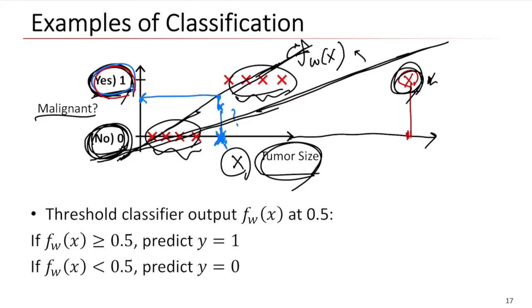So what do we want to do in the classification setting? We want to find a way to threshold the classifier output f_w(x) at 0.5. Let's say 0.5 here.